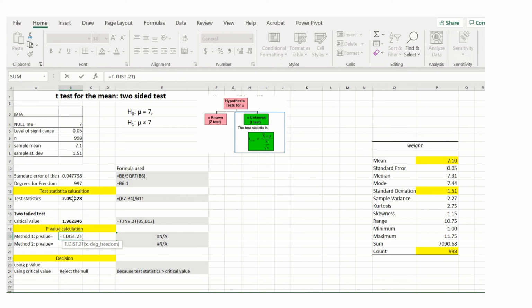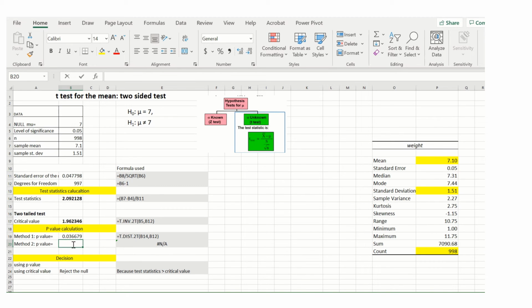For x, we're going to introduce the test statistics and enter the degrees of freedom, and it will give us the p-value for a t-distribution. That is the area to the right of 2.09 and to the left of minus 2.09. So the total area is 0.036, like 3.6%.